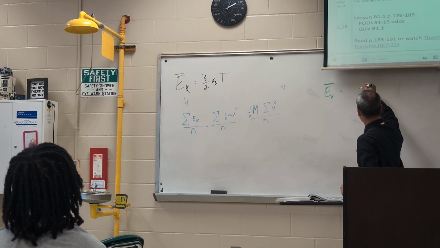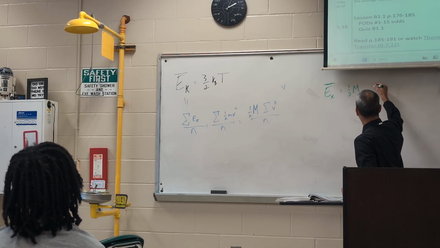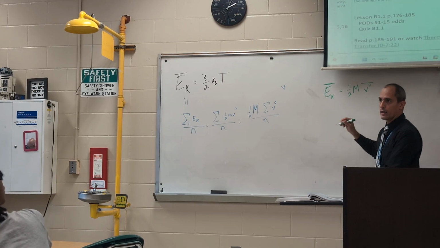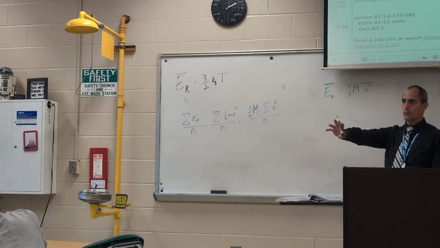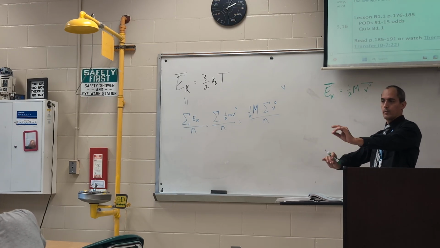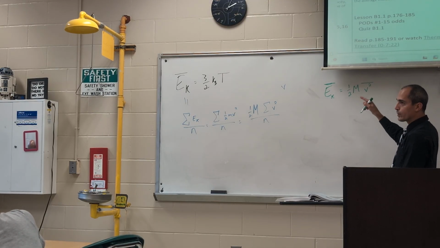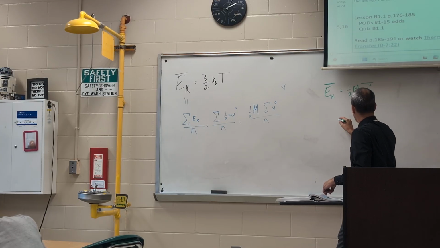So if we were to break this down, this is going to be one half times the mass times the average of the square of the speeds, because we're assuming that we have all of the same mass thing inside of it. And then if we were to solve for v here, I would get something like this.